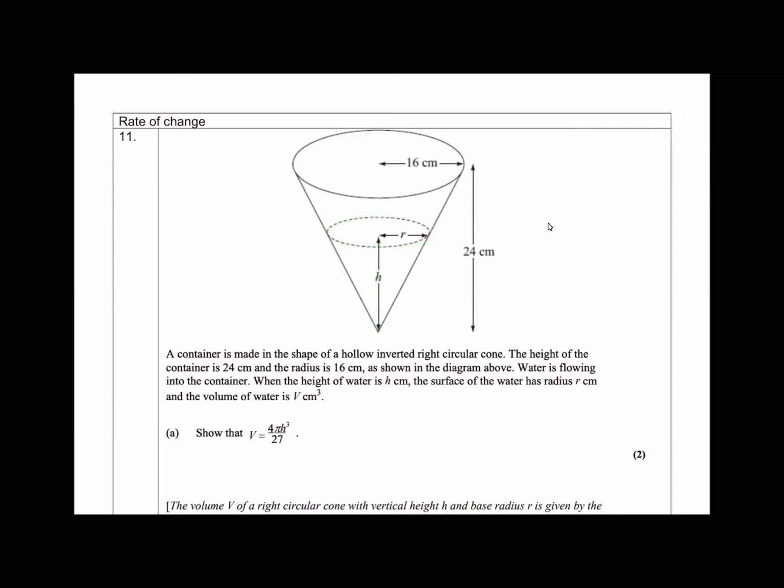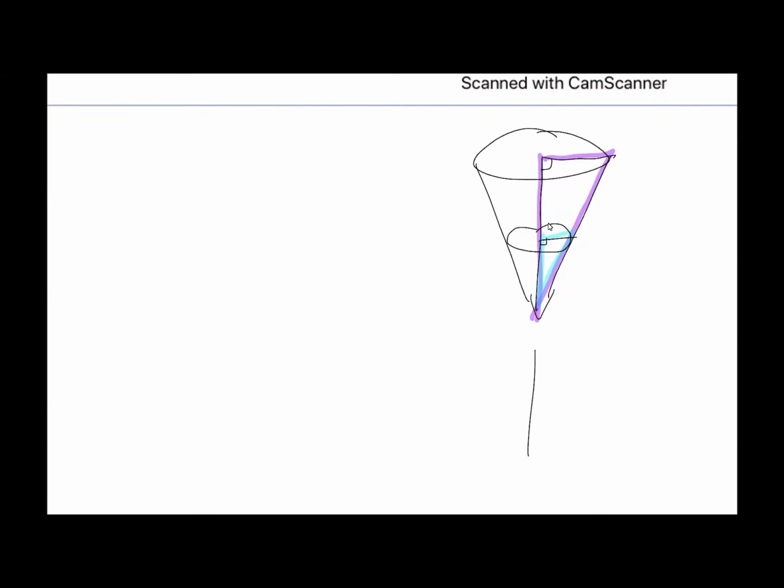So from there you can make a copy of the diagram, and there's a smaller cone. You can see a big right-angled triangle and a smaller right-angled one. These two are similar.